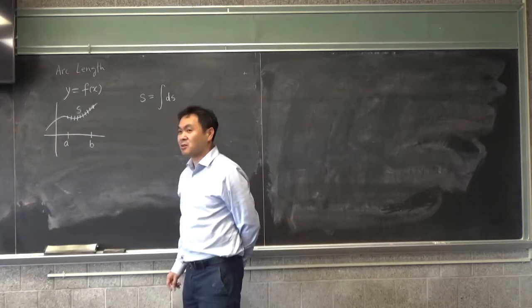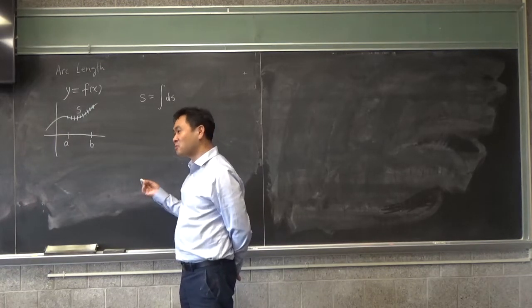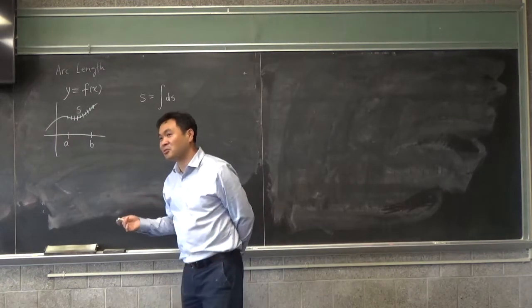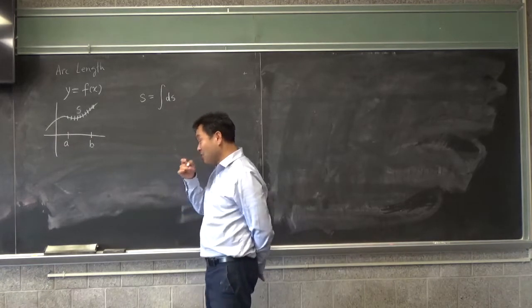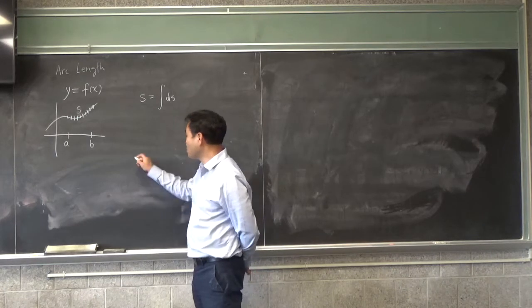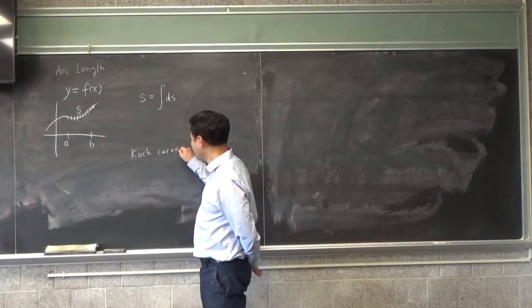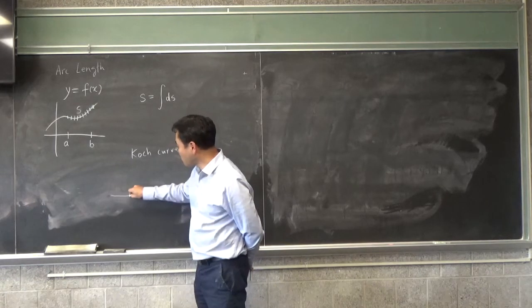Have you ever heard of fractals? If you search them up, you see geometric shapes that are not very smooth at all. One example is something called a Koch curve, and it goes like this.